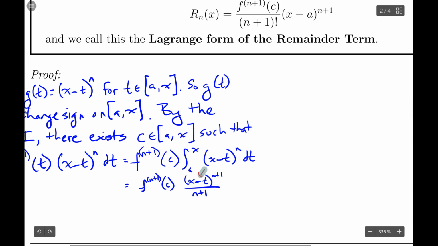So we have a negative in front, and this gets evaluated, and I'm going to be very careful, our variable is not x, so I'm going to write t. The lower limit was a, and the upper limit was x.